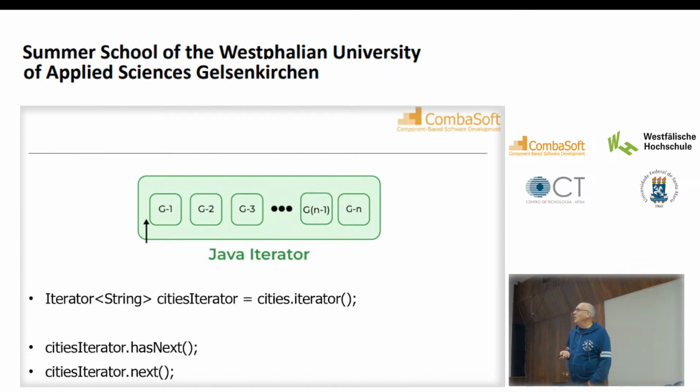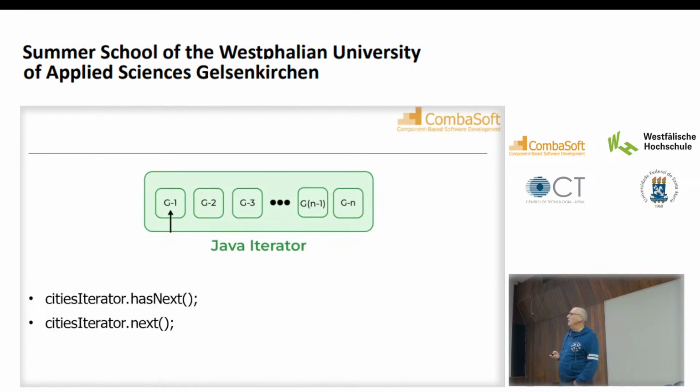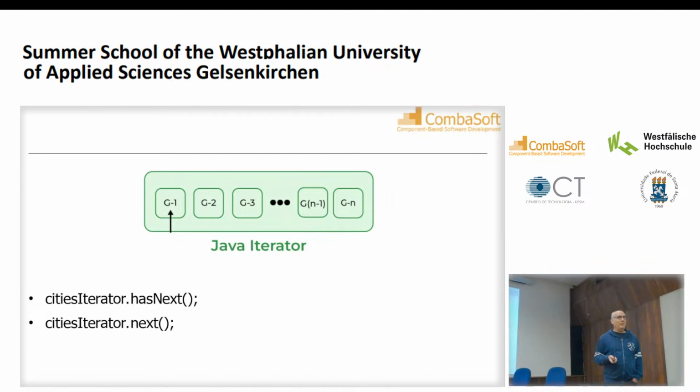So, at the beginning we are looking at no element, then we are executing the operation has next. And we get the information, yes, there is one. And then we say next. So what is happening? We have a pointer that points at the first element. Yeah? The idea is we want to traverse the whole group of elements.